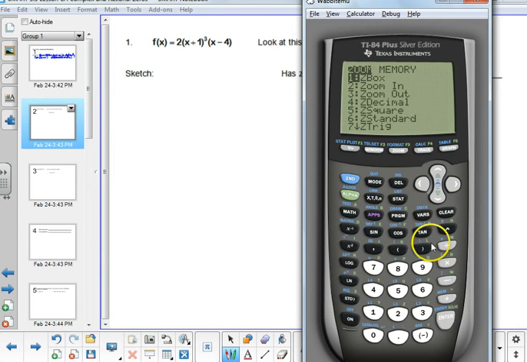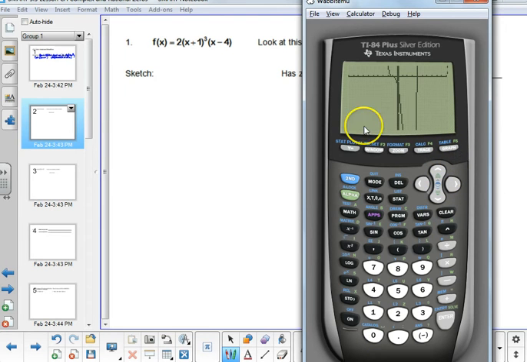So I'm going to zoom 6 to a standard window, and you're going to see a 4th degree polynomial, kind of. It turns out I can't see the bottom of it. It doesn't really matter for our purposes, but if you want to extend this down, negative 50 is probably fine. Let's go negative 100.